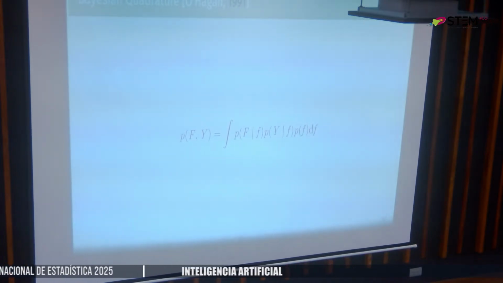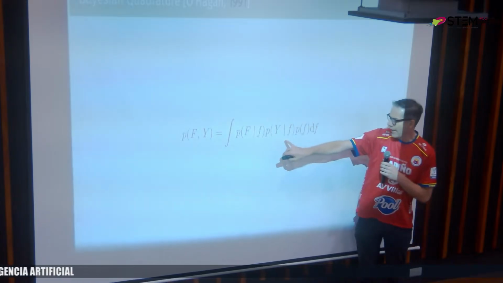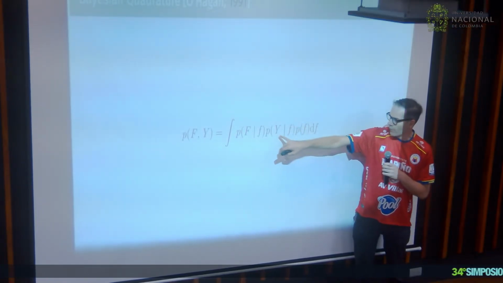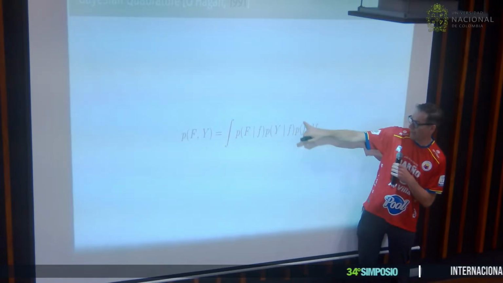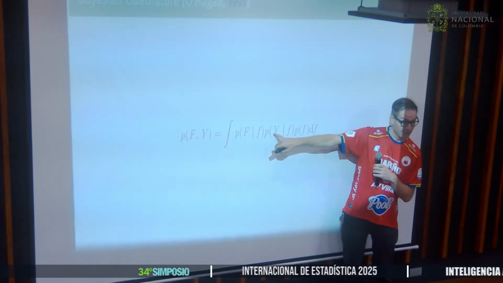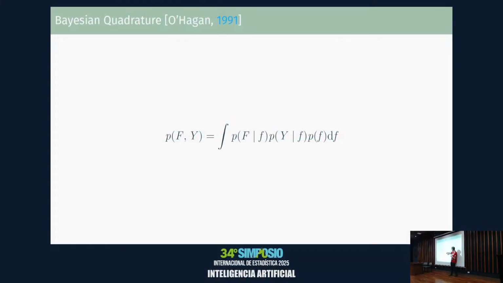So let's write this up as a Bayesian inference problem. We're going to encode our knowledge about the function f. We are going to say that f connects to my observations, so potentially I have noise in my observations. And then I'm going to say how f connects to the quantity of interest, which in this case is the integral.